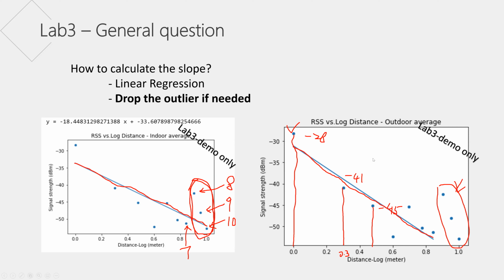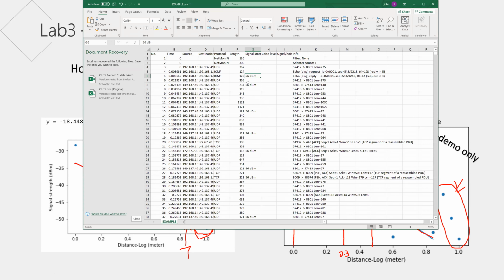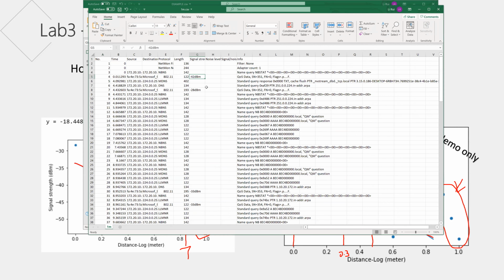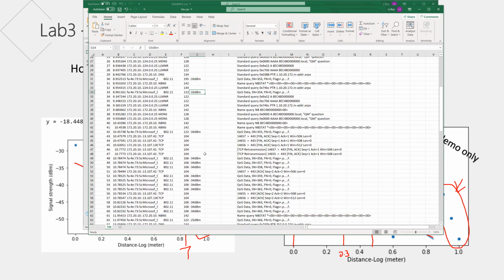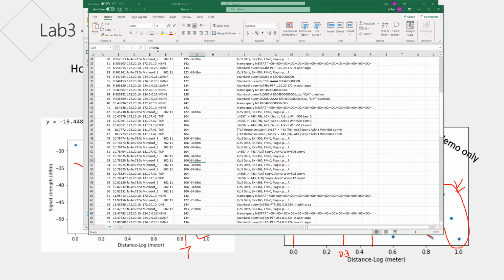But you can have a look at mine here. I can open one of my files for you. This one has minus 28. Oh, why? Okay, it seems sometimes it happens.